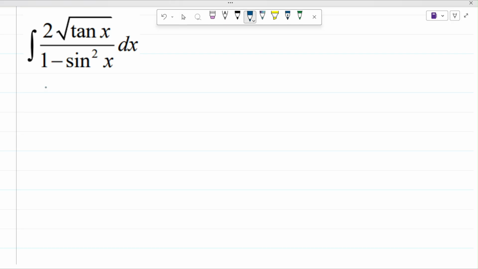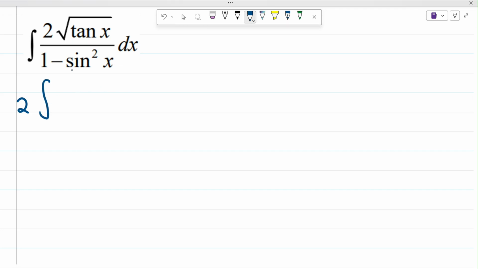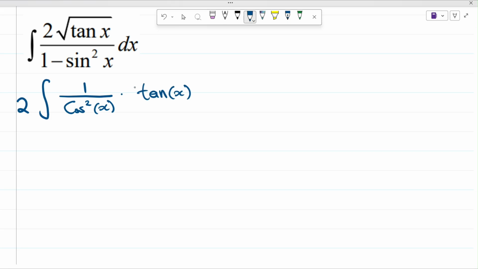So at the end of the day, we can take the 2 out, and then we're gonna have 1 over cos squared of x, to the power 1 over 2 dx.